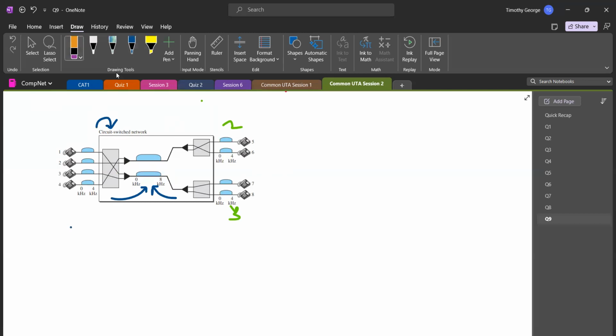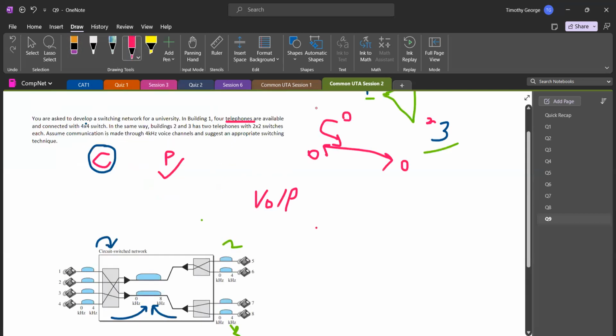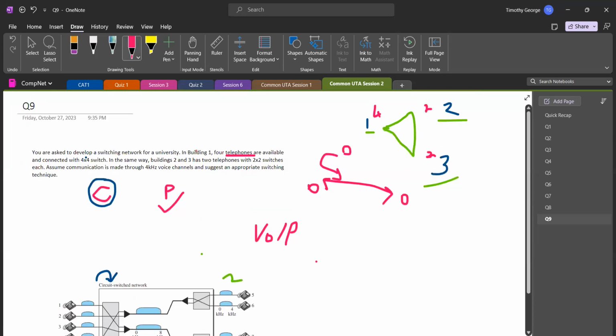Okay. So what did we see in this question? We were mentioned telephone. So that was a major keyword. And they were asking which switching technique will you use? When you see telephones, it's a good idea that you should choose circuit switching.